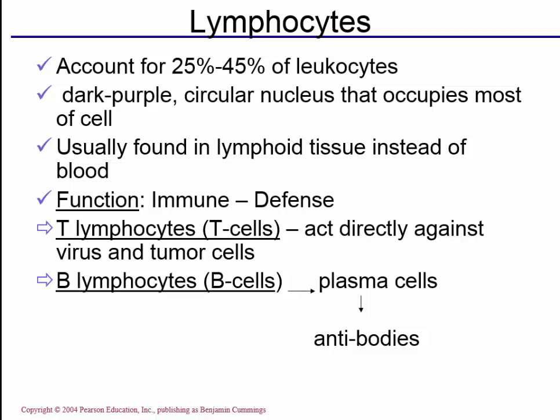The purpose of lymphocytes is twofold. Well, it's onefold. It's mainly to defend the body, but there are two types of lymphocytes. T lymphocytes, or T cells, directly attack viruses and tumor cells and destroy them. B lymphocytes, or B cells, produce plasma cells, and these plasma cells produce antibodies, which are part of the immune response.